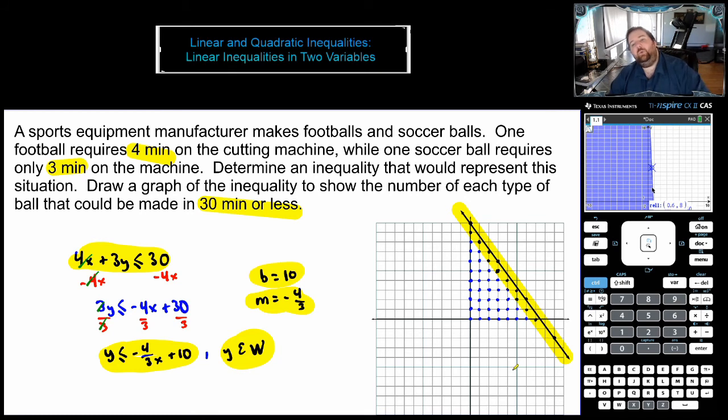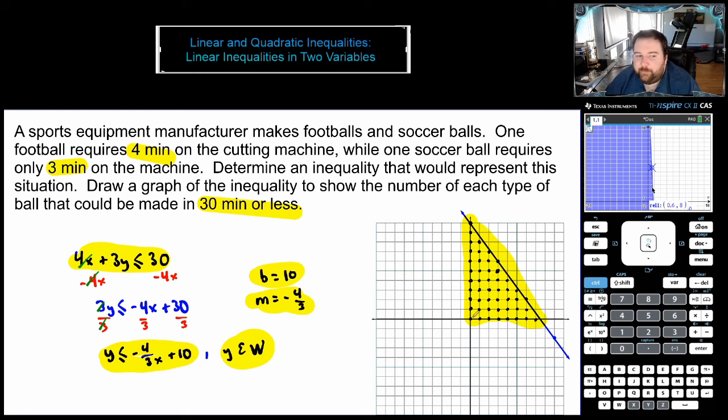Now, this isn't quite the solution, right? Your solution is we need to be able to show our possibilities. And so this is where you're going to be doing something called stippling, rather than shading, because shading is saying that everything within this region would be a solution. And that's not true, right? Only whole numbers are a solution.